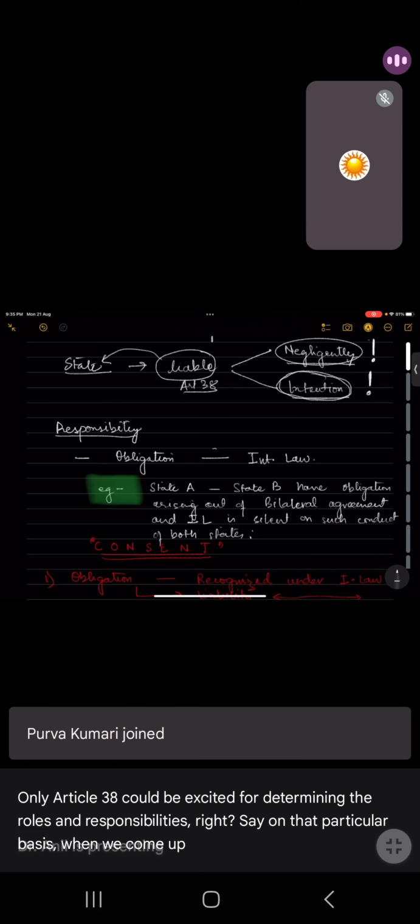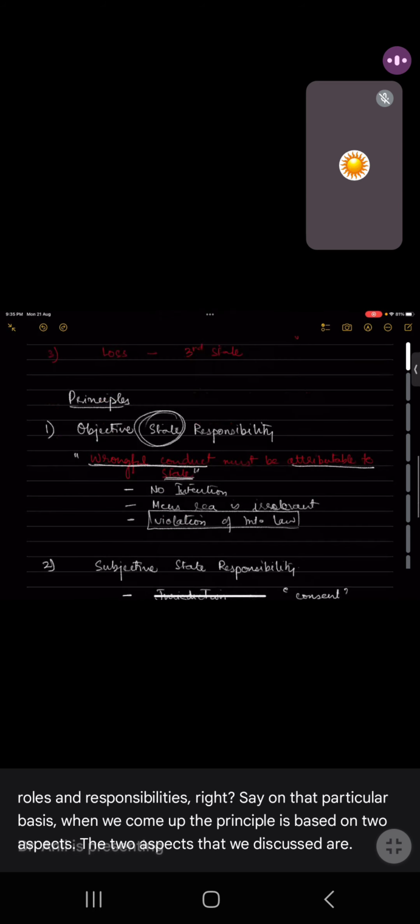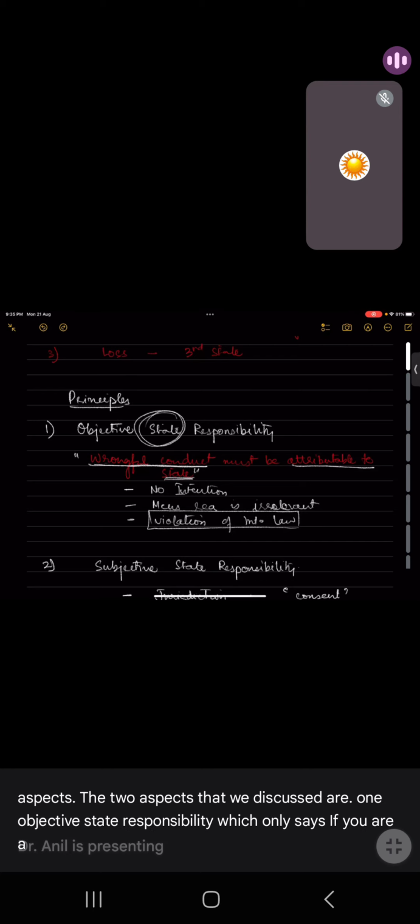We know this thing. Only Article 38 could be exercised for determining the roles and responsibilities, right? Yes, sir. So on that basis, the principle is based on two aspects that we discussed. One, objective state responsibility, which says that if you are a signatory to international law, even when there is no intention, no mens rea, or no negligence, you will still be liable in certain cases.